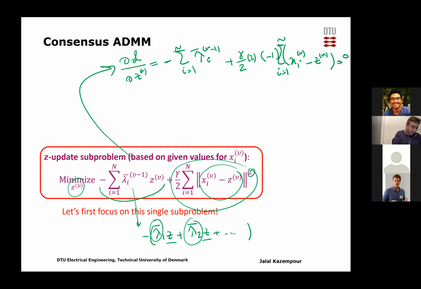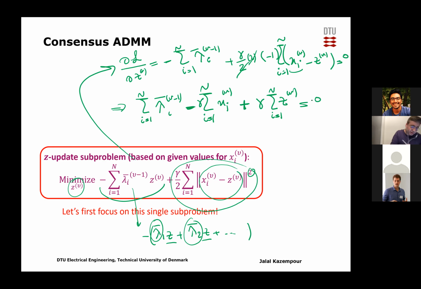Good. So if we do this, then we will have simply minus the sum over i from 1 to n of lambda bar in the previous iteration, plus, let's have gamma here, the sum of x_i in the previous iteration, plus gamma sum from i to n of z in the previous iteration is equal to 0.